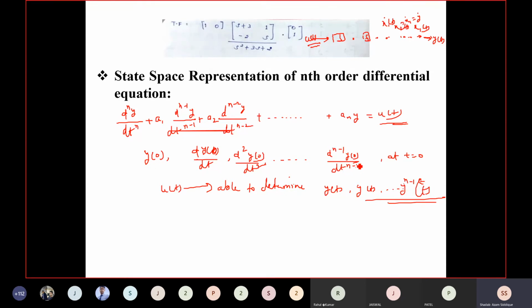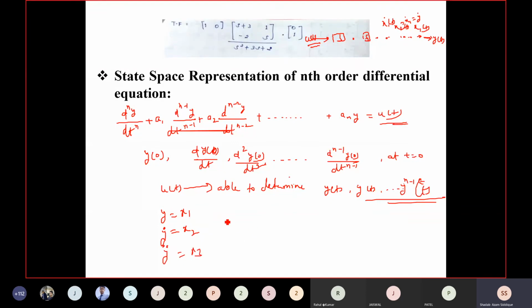Now we consider the set of n state variables, and we have y equal to x1. Similarly, if we differentiate both sides, we find y dot is equal to x2, or x1 dot, and y double dot is equal to x3.